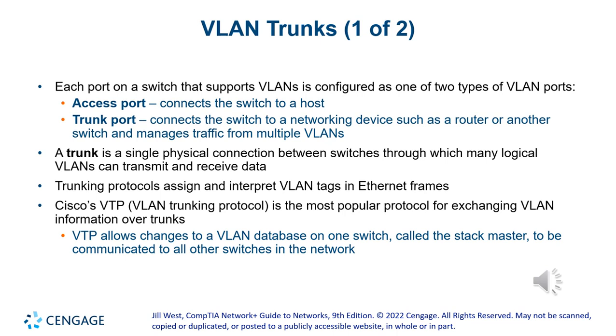Cisco has what's called VTP, the VLAN Trunking Protocol, which is a way for them to exchange information on all those trunks. With VTP, the switch is aware of all the VLANs that you have. I honestly don't like that.